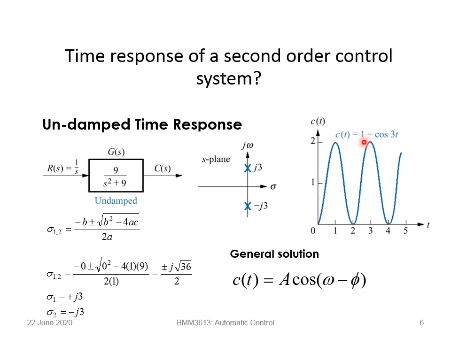If we plot the graph, for this particular transfer function, c(t) is 1 minus cosine 3t, right? So in terms of undulation, we have cosine 3t. It means that we have an omega of 3, which corresponds to an undulation of 3 radians per second, right?